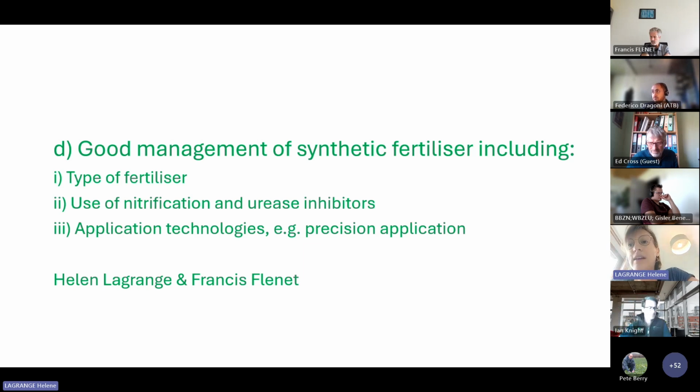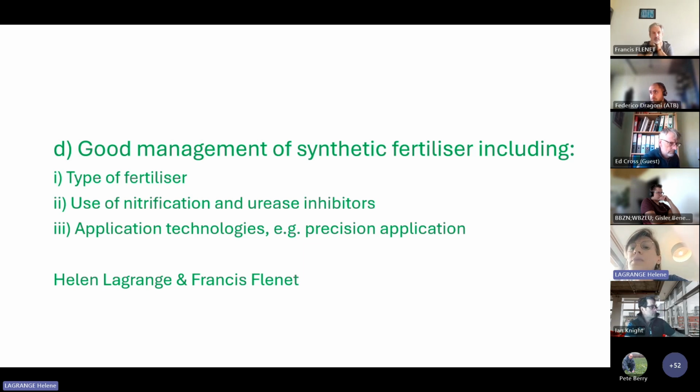So after doing that, you may still need synthetic fertilizers, and you can use other levers to improve their efficiency, and so to try to avoid waste and greenhouse gas emissions.